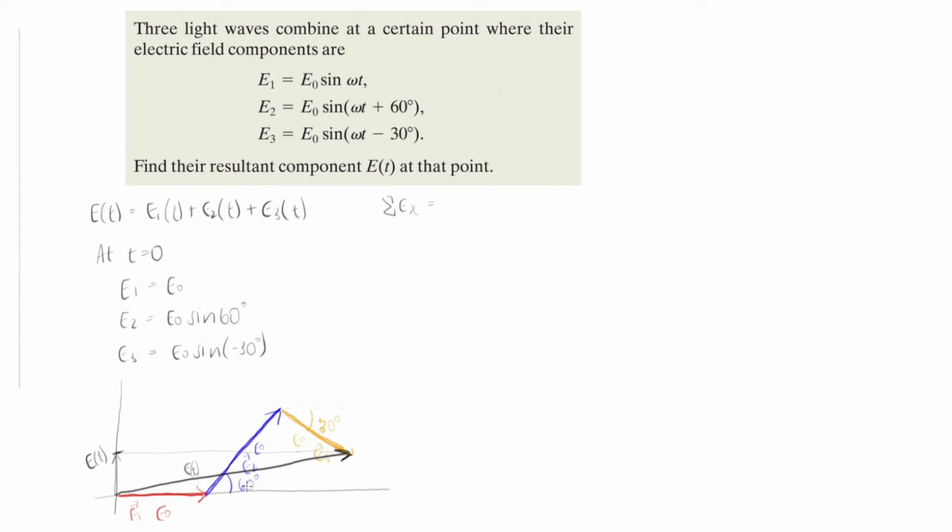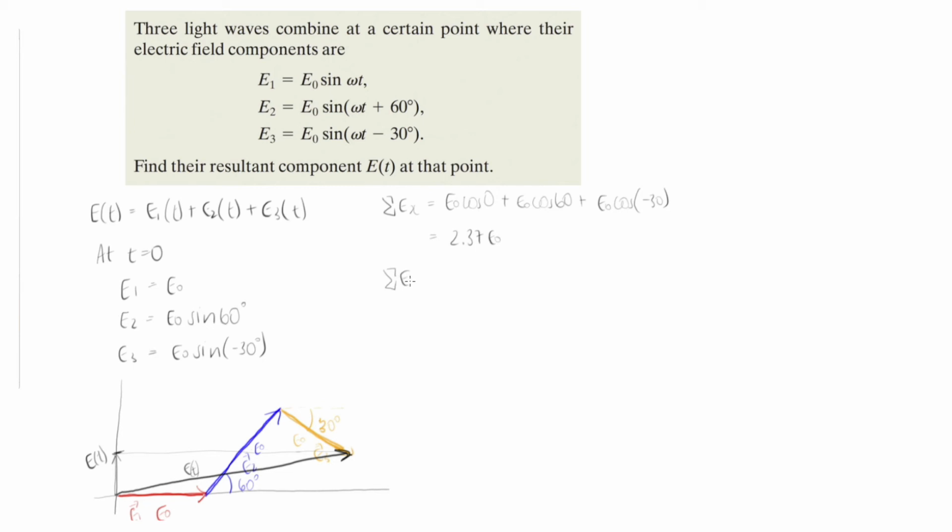So the amplitude multiplied by cos of the angle gives us our horizontal component. So this will be E naught cos 0 plus E naught cos 60 plus E naught cos negative 30. And when we add all that up, we get around 2.37 E naught. Okay, cool. So that's our horizontal component.